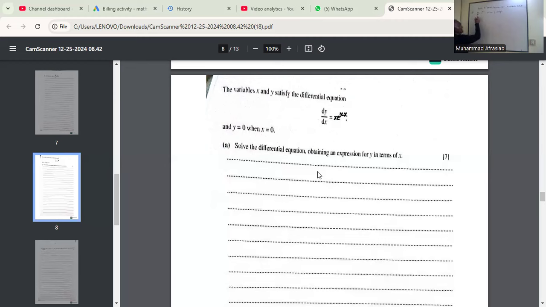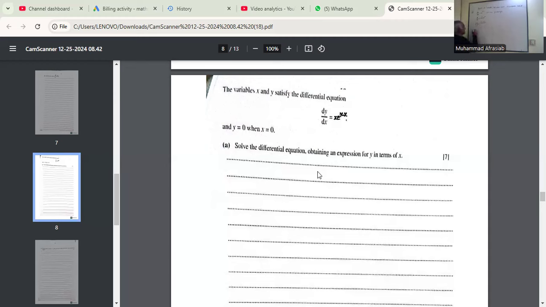Since we have to separate the variables, dy over dx is equal to x into e power y into e power minus x. This will become dy over e power y equal to x e power minus x into dx.